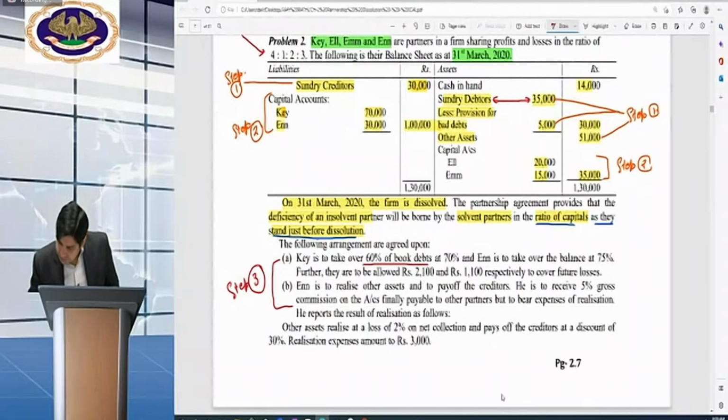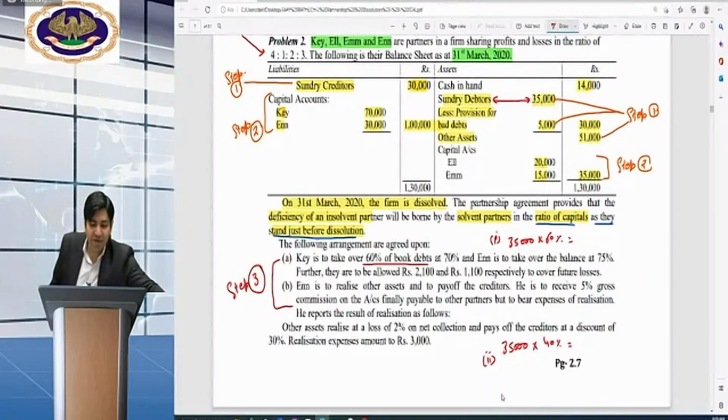So first I have to solve here 35,000 multiplied by 60%. So book debts are being dealt in two parts, number 1 and number 2. Beta, I will erase this after doing the calculation. It means 35,000 book debts are being dealt in two parts, 40% and 60%.